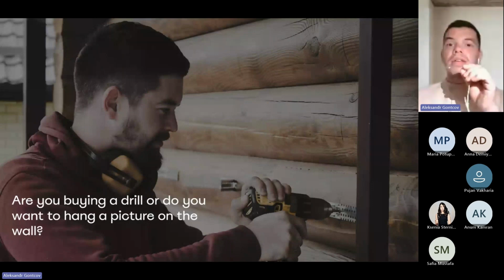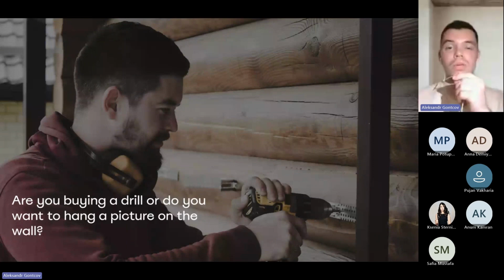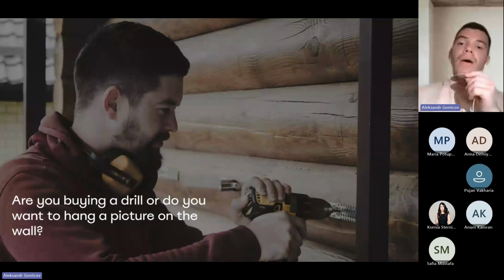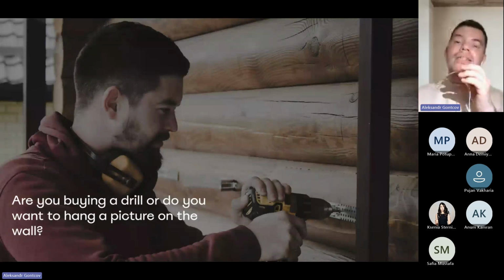Maybe you can innovate and disrupt the whole industry and propose an idea that will actually help customers hang their pictures on the wall without those ugly holes, which can be a great idea for a startup. So when you understand the need of a customer, you can see all the possibilities that these unmet needs give you.